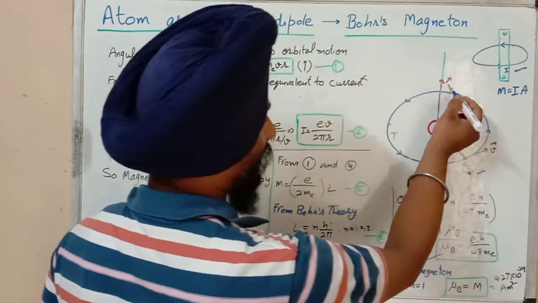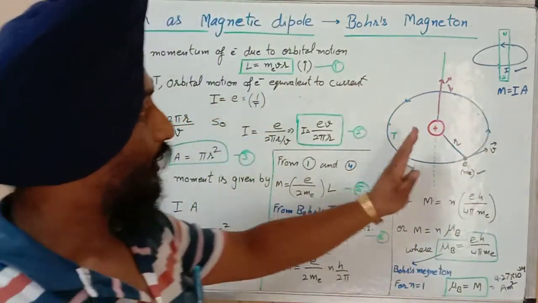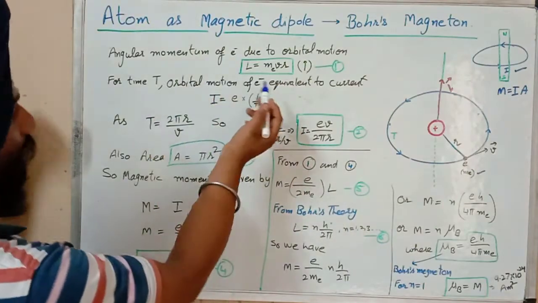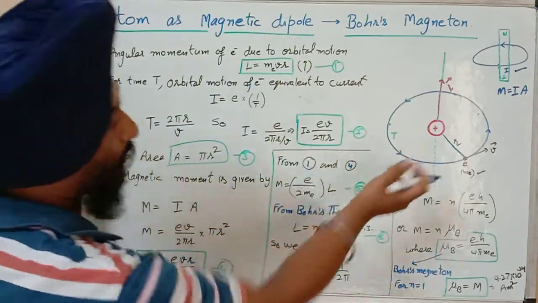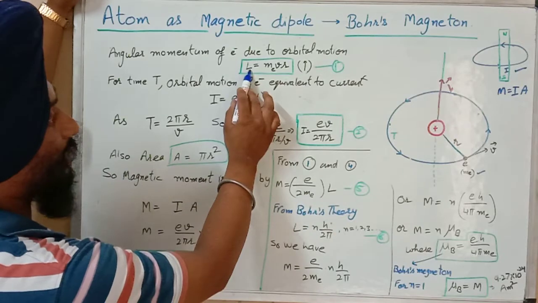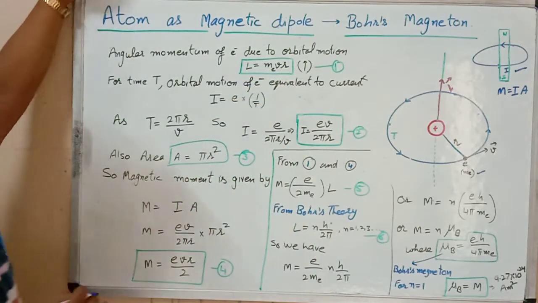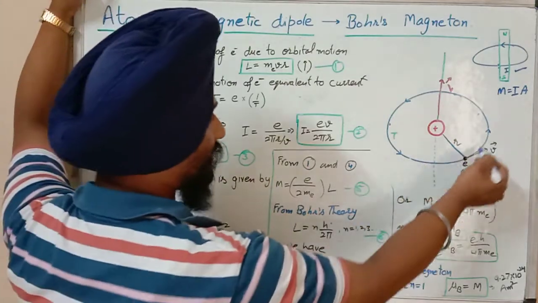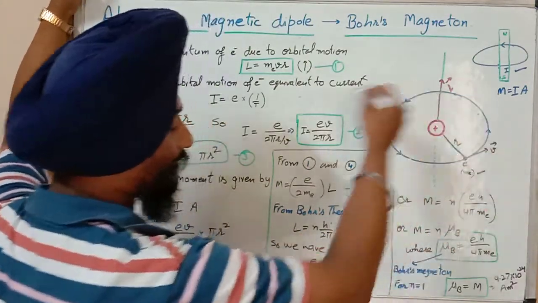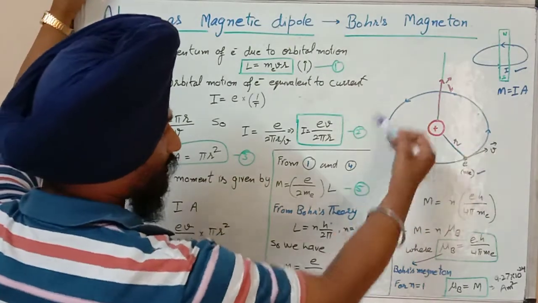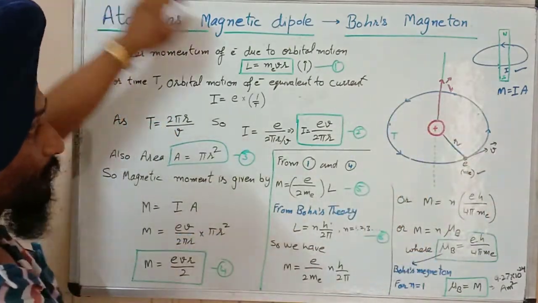Let L be the angular momentum acting upward, and the total angular momentum due to its orbital motion is given by L equal to mvr. Clear? And let T be the total time period to cover the total distance in its orbital motion.